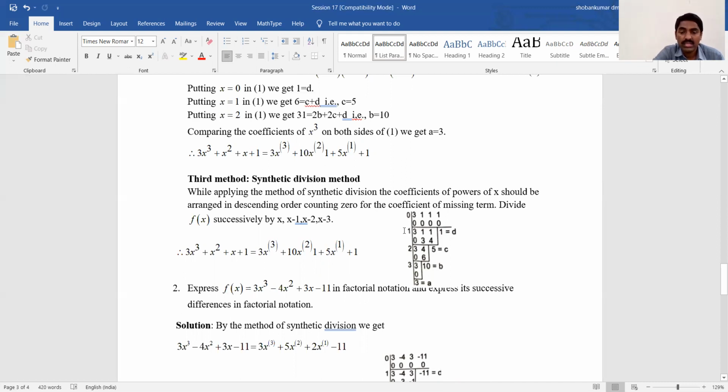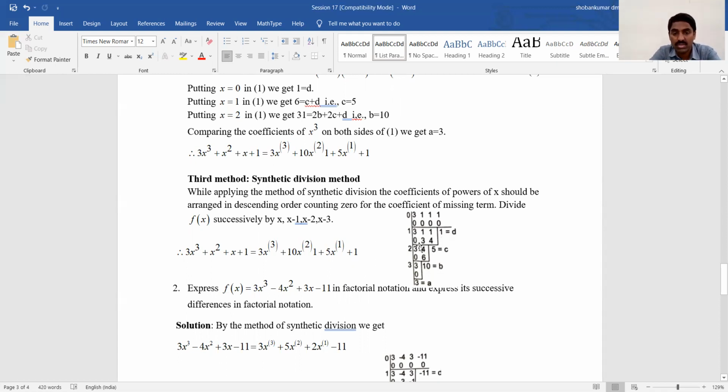In the first coefficient, add 0 to the first coefficient, and adding, we get 3. 3 into 0, 0, and again adding 1. 1 into 0, 0, and again adding, it should be 1. 1 into 0 is 0, and adding 1. The last value, whatever we got here, it should be d. And again, in the first term, 0 adding. Here 3 plus 0, 3.